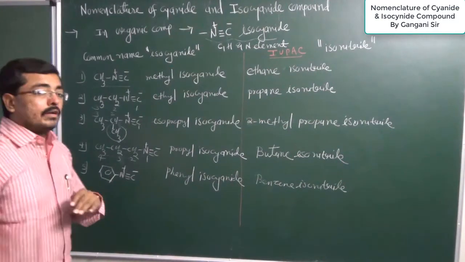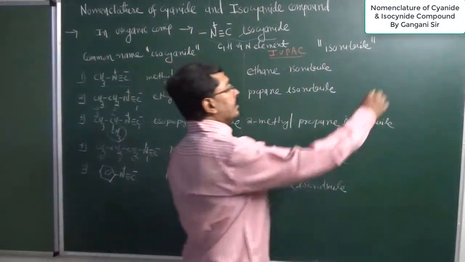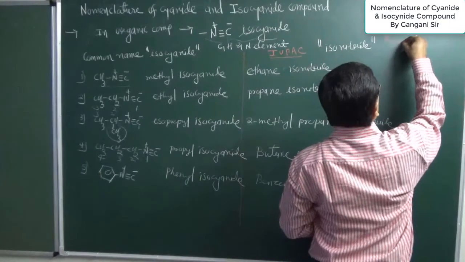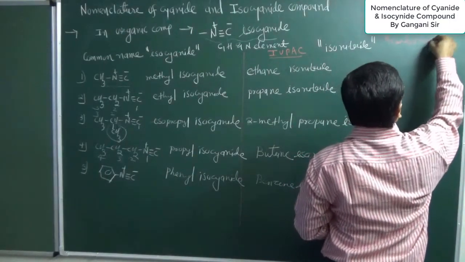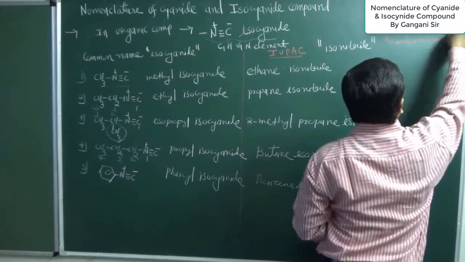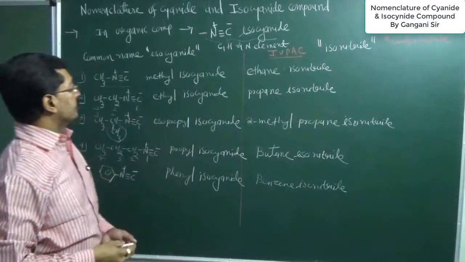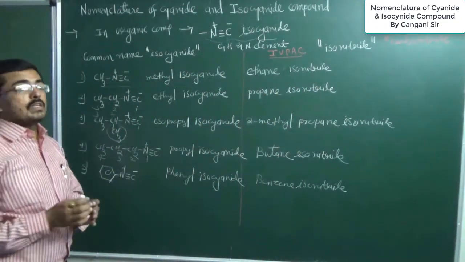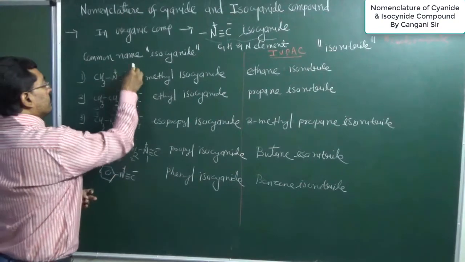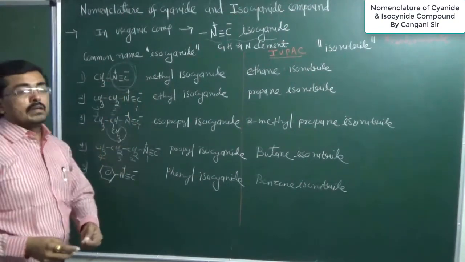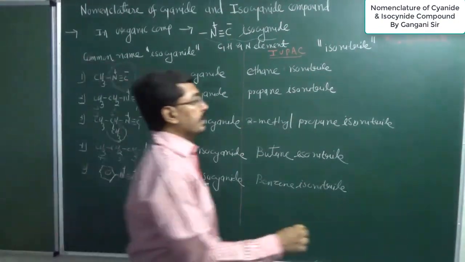Now in another method of IUPAC nomenclature, we can use this word carbonitrile also. By using this carbonitrile word, we can give nomenclature also. So now here, when we are using carbonitrile word, this CN carbon is not considered in a chain.